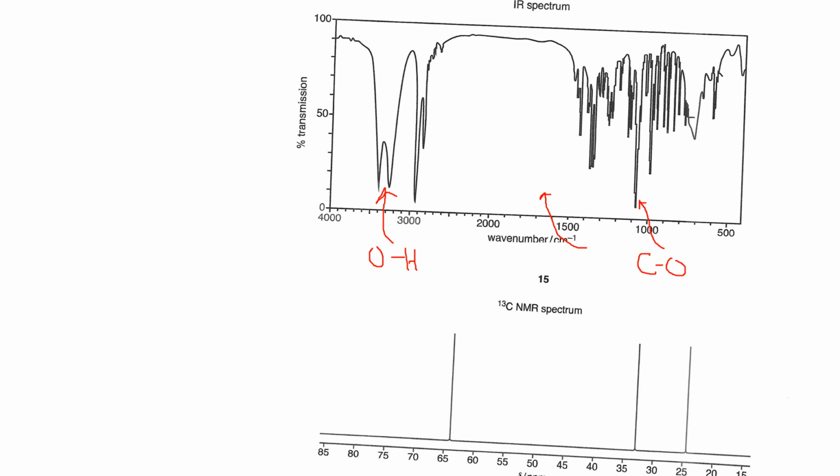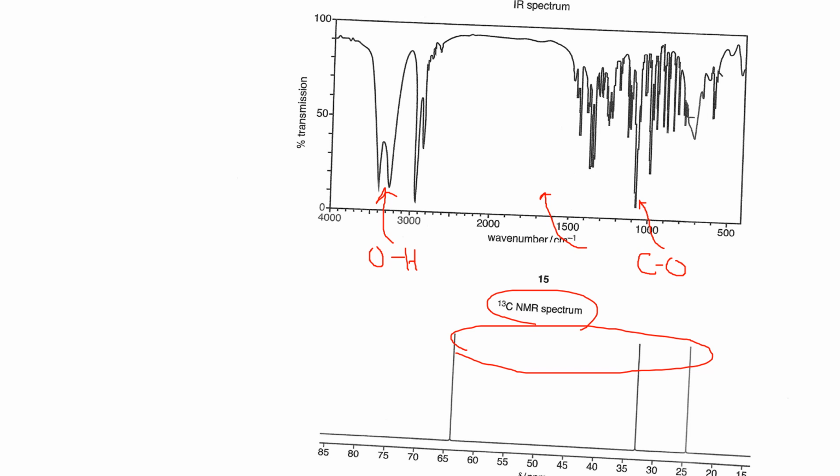Another piece of information is the carbon NMR. You can see we have 3 peaks, indicating that there are 3 chemical environments of carbon, and the 3 areas should be in equal ratio. Let's put all this information together to make the structure.